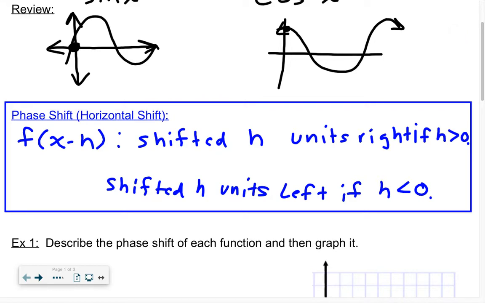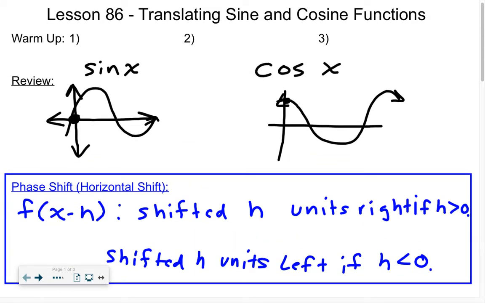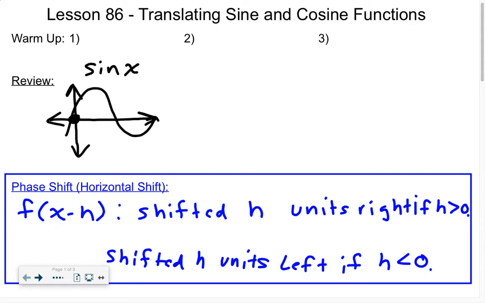Let's take a moment to go back to our vertex form. It is very similar in how this works, because with the vertex form, our vertex was the h and the k value, correct?